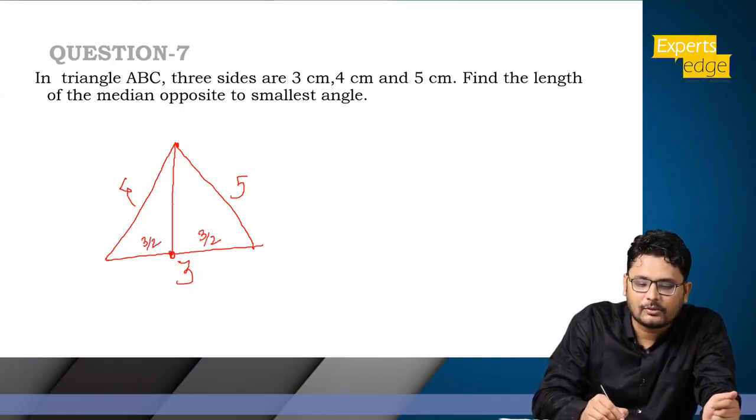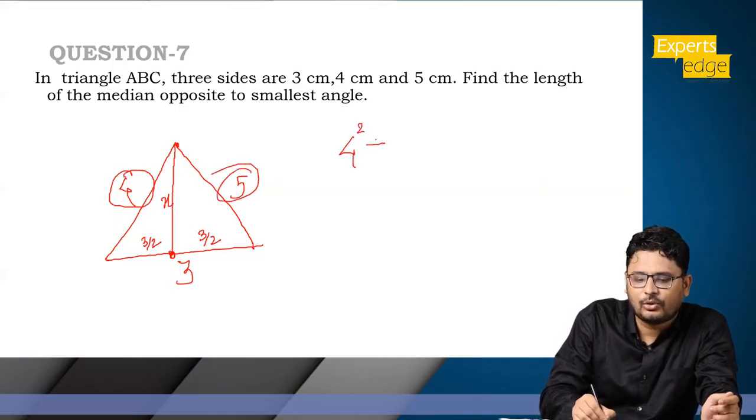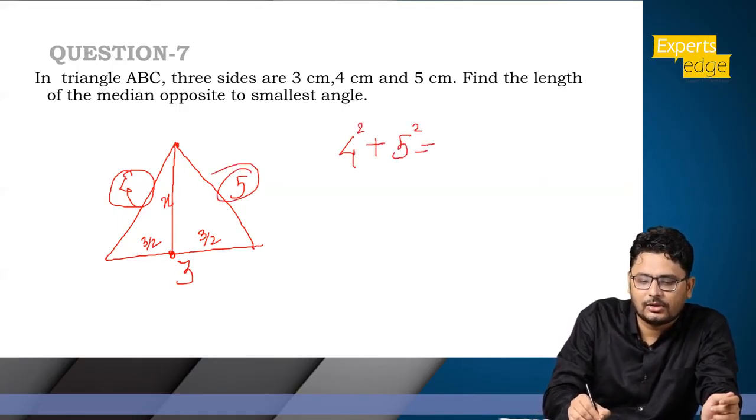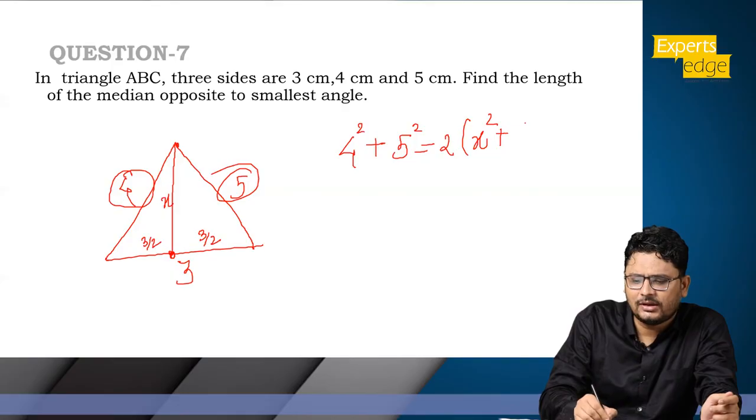And what is he asking? Length of the median. So basically this x, right? So I can directly apply what here? Apollonius theorem. I hope you remember Apollonius theorem. I'm not writing that ABC, it's directly visible. That is 4 square plus 5 square, right? Apollonius: 4 square plus 5 square should be equal to twice of the median square, that is x square, plus half of the opposite side, that is nothing but 3/2 whole square.